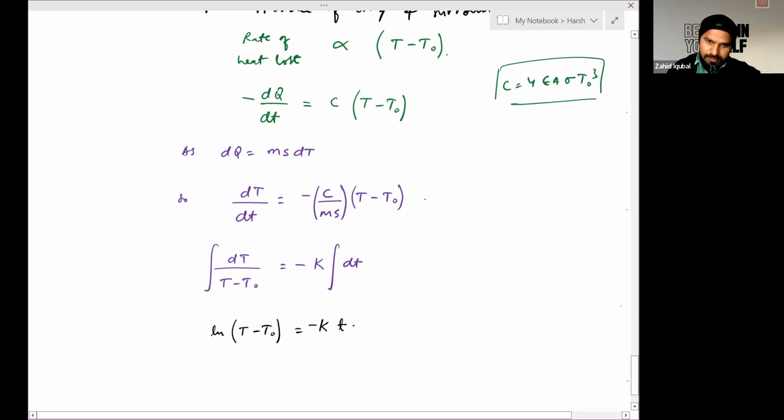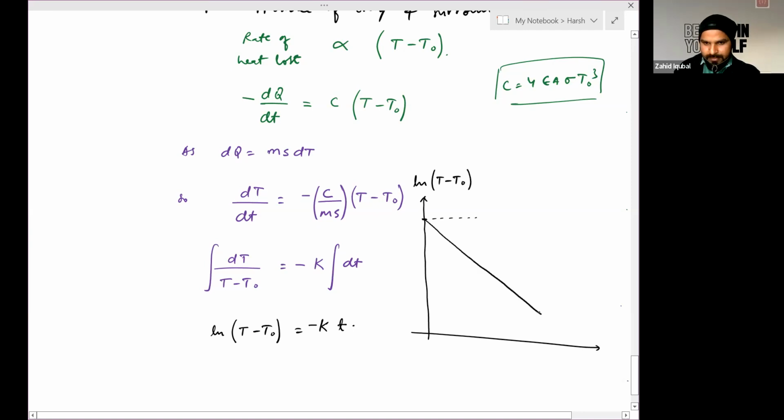So if you plot the graph related to this part, ln T minus T naught, there will be some initial temperature at this point. The graph will be a straight line with negative slope. And this particular slope will be nothing but K, which is equal to 4 epsilon A sigma T naught to the power cube by M into S. Is it clear? Yes, sir.